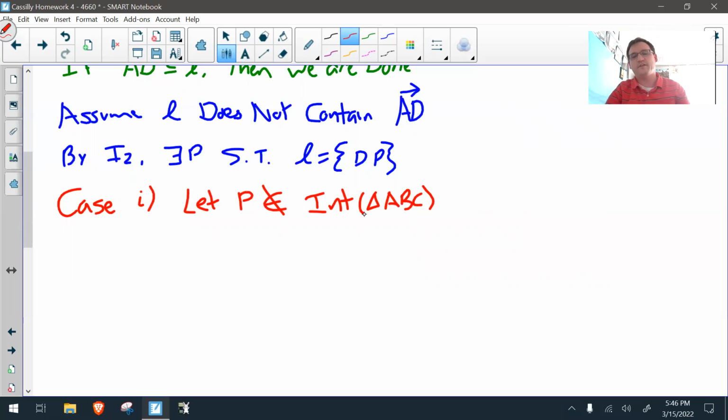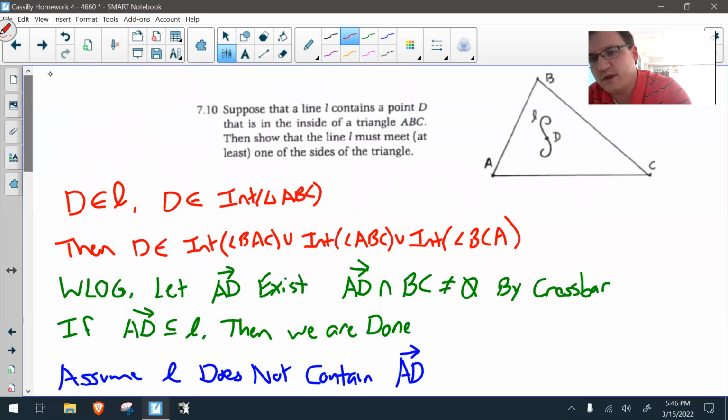Okay, so if we think about that, if P is not on the inside of triangle ABC, so maybe P is right here.